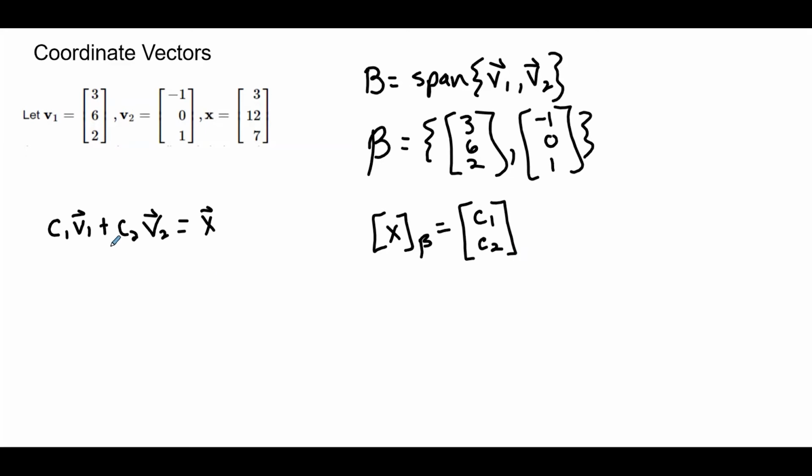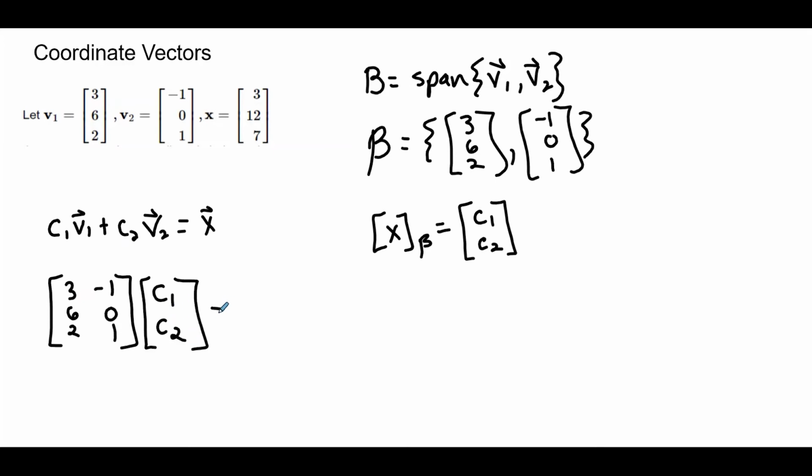Right? So in other words, if we were to put v1 and v2 into a matrix, multiplied by c1 and c2, and set it equal to x, this vector here would be the coordinate vector.